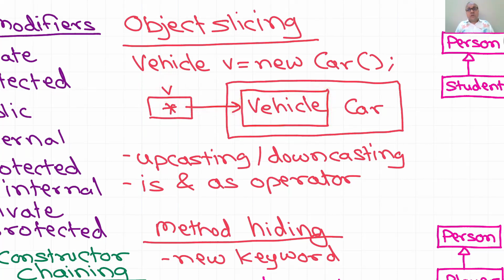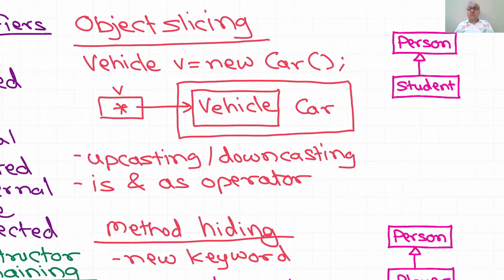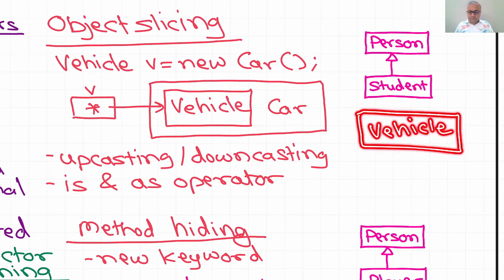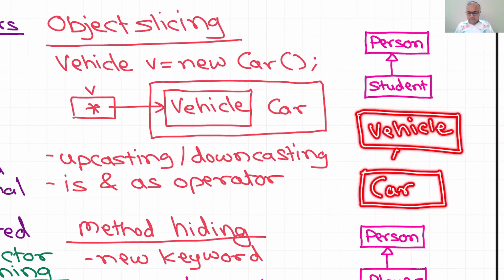In fact, when a derived class object is referred to by a base class reference, it is also called upcasting. In most common cases, we draw inheritance in the UML diagram like this. So vehicle, we draw on top, and car, we draw below.